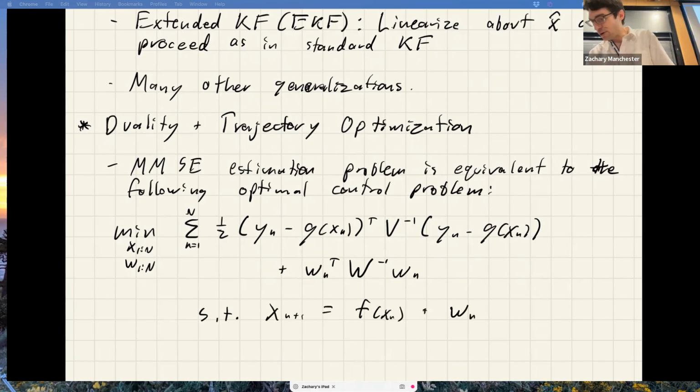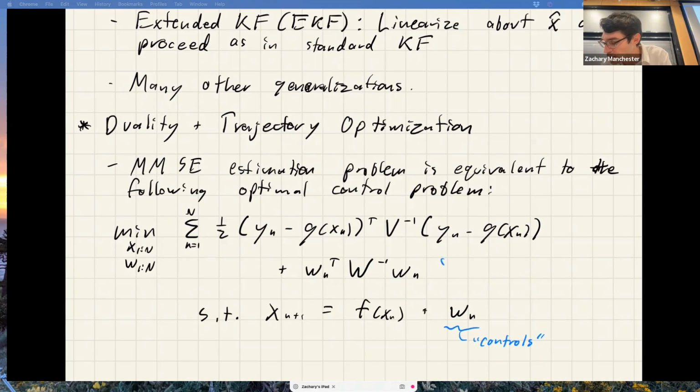Okay, cool. So here's what's going on. Let's look at the dynamics first. Those are my nonlinear dynamics, or they can be linear dynamics. Basically, I make the process noise the controls for my control problem. That's my f of x_k, u_k now, right? Looks like a control problem.